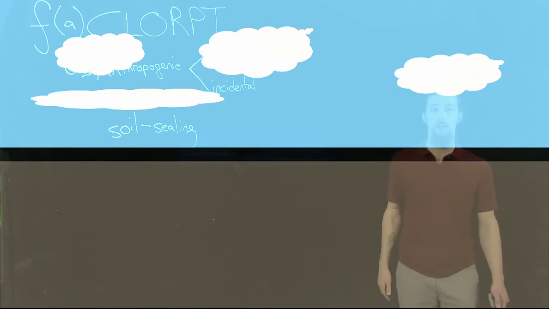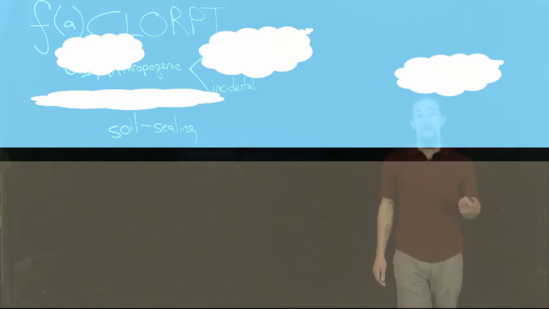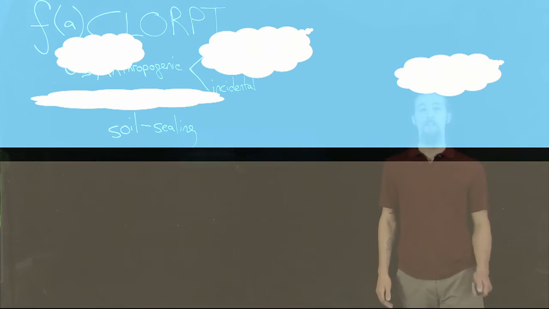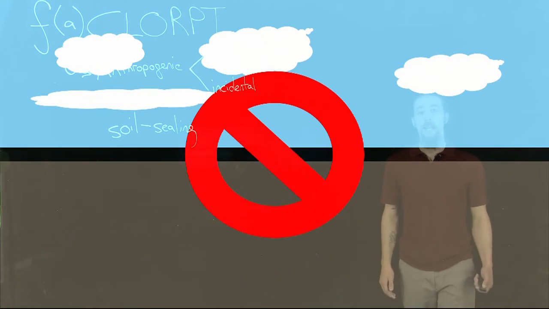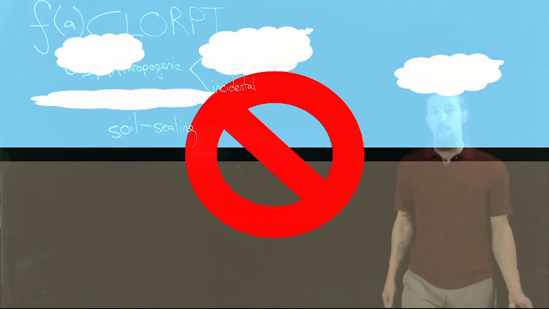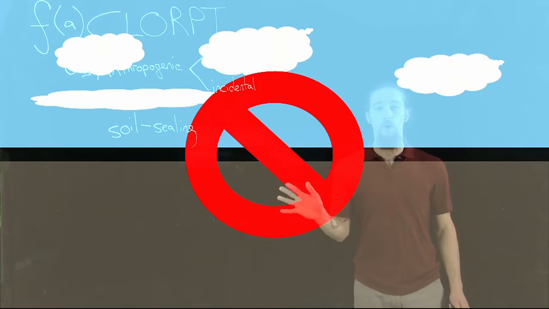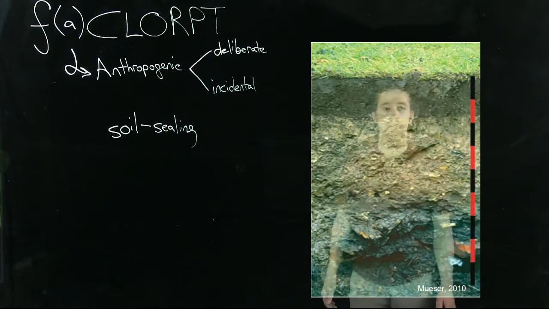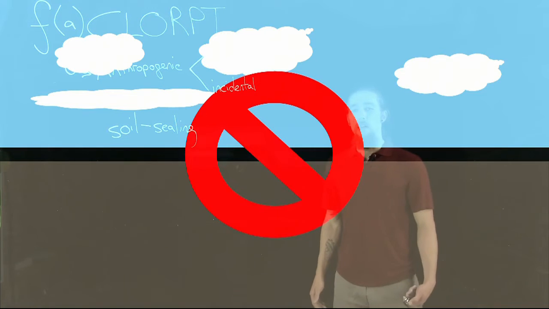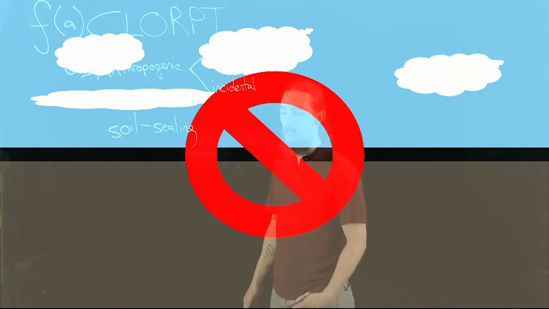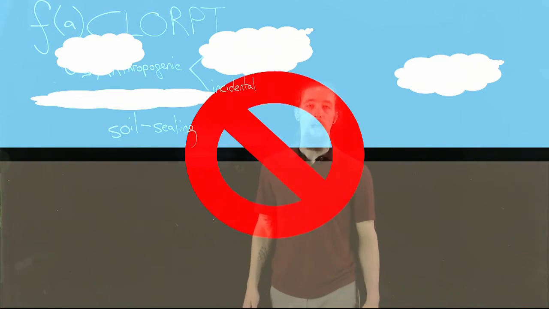It's separating the ground below from the sky above. And when rain comes, when any kind of precipitation event comes, it simply cannot pass through. And so that's what we mean by soil sealing. The soil itself is sealed against interaction with the atmosphere above.